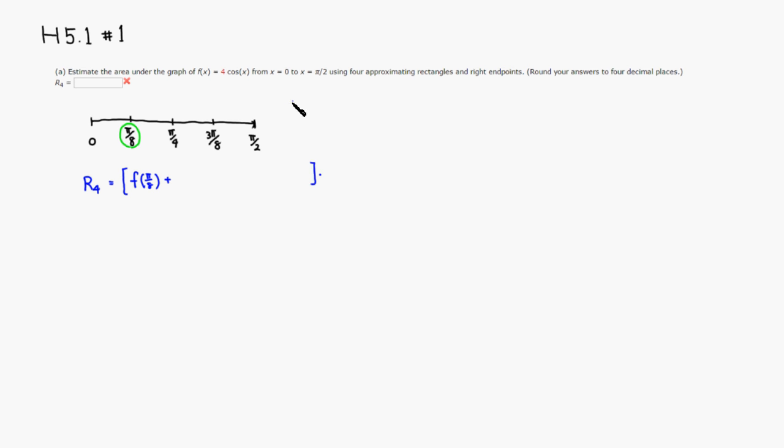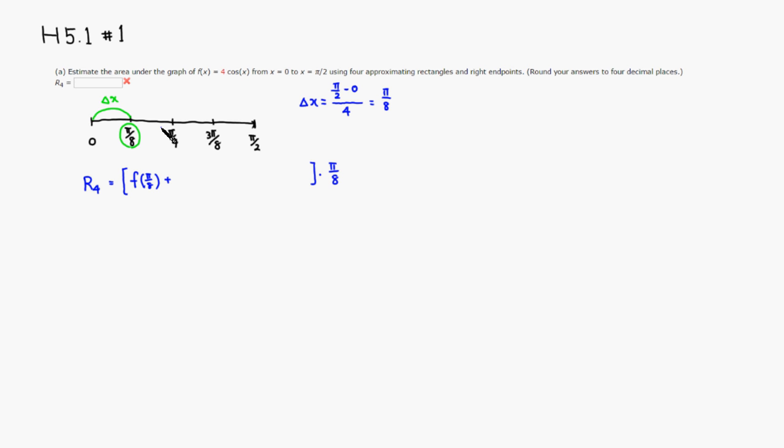I'm going to call each width delta x. So we want to find each length here. This is delta x. The entire length goes from 0 to pi over 2, then you split that into 4, so delta x is going to be pi over 8, which is just the width of each rectangle.